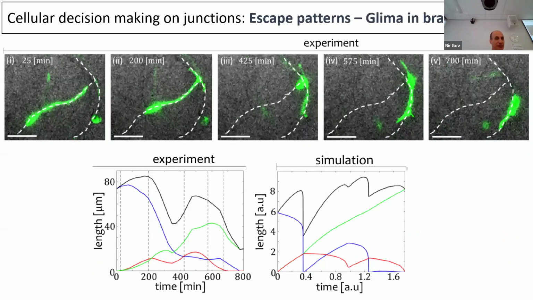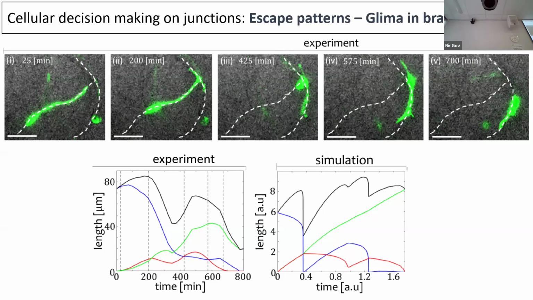Yeah, you can also see it, at least this structure of the changes in the length, in this glioma cell moving in these capillaries in the mouse brain slice. You see that it grows first to the left, then to the right, and eventually it moves out from the right.